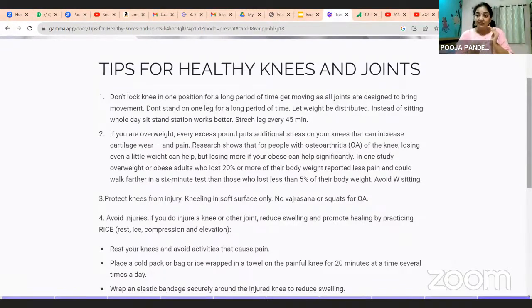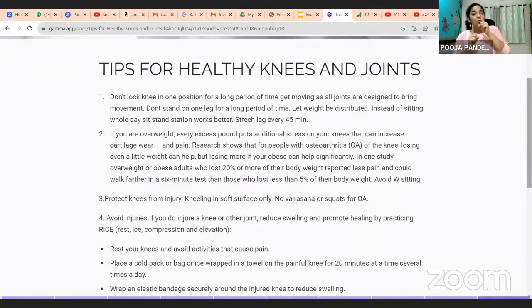So every 45 minutes to 1 hour, put an alarm next to your laptop, go up and stretch. Stretch your knees, thighs, hands, shoulders, open up your chest so that your posture is all right. So don't be in a locking position, in one fixed position.